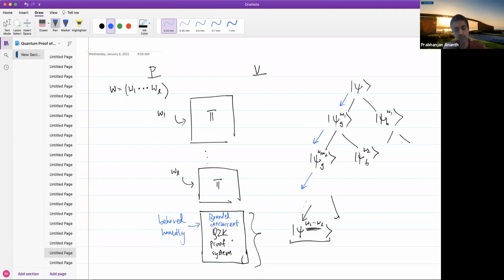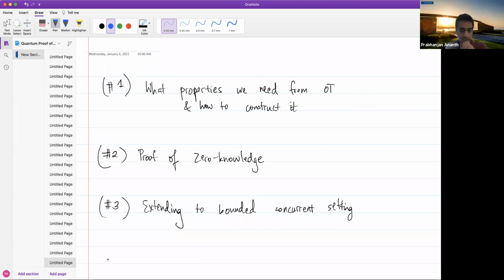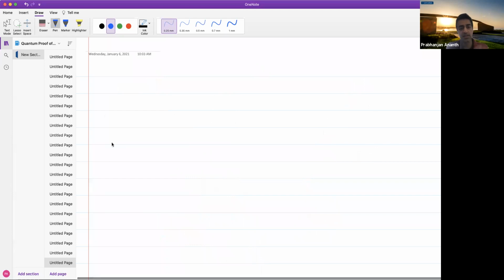We're going to start with bounded concurrent QZK and see how to get proof of knowledge. I must say that this part is a little ugly, so brace yourselves. The construction is the same.